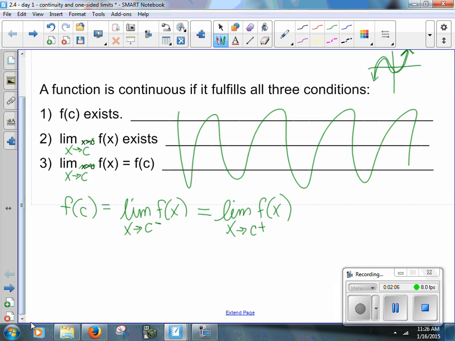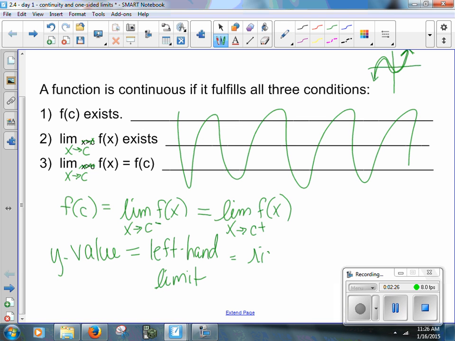So my y value must equal my left-hand limit, which better equal my right-hand limit.